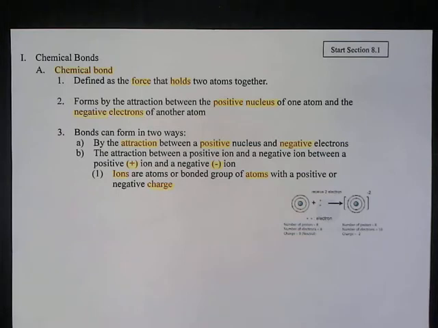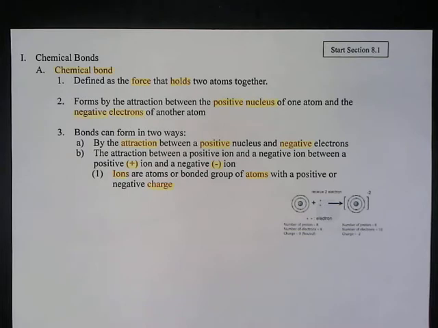Our atom has a positive nucleus from its protons, and it's attracted to another atom's negative electrons. Again, opposites attract, just like magnets, so the positive nucleus of one atom is attracted to the negative electron of another atom.